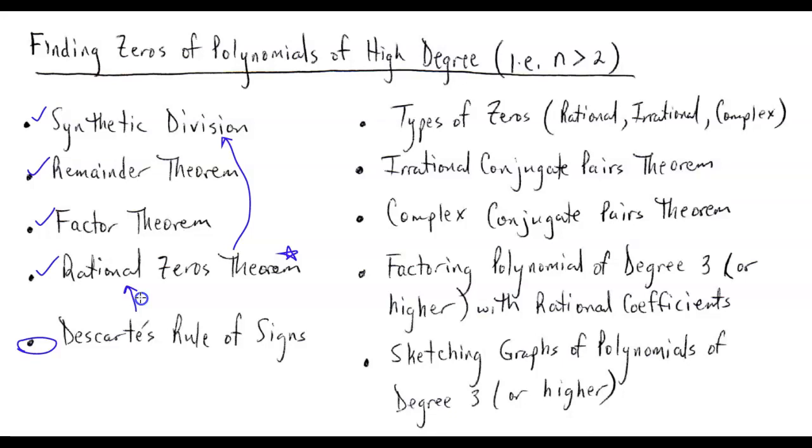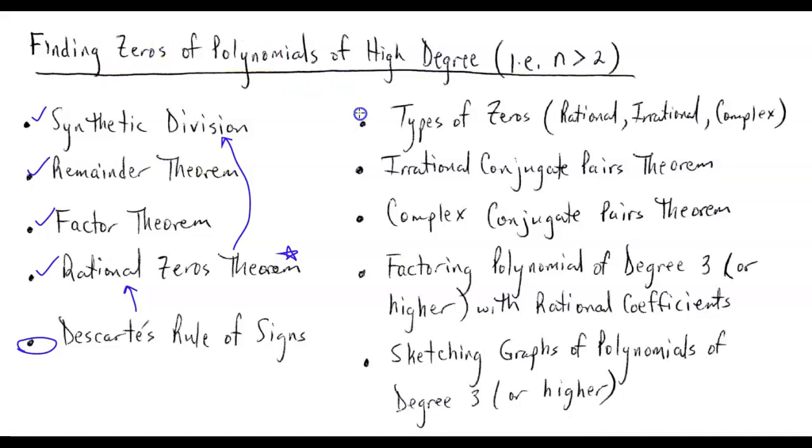If we know that, and we've tried a few out and we only have, let's say, 1 negative zero, then once we find that 1, we know that we don't have to search for any more. And so, of course, that helps us cut down on the amount of work that we have to do. But that is essentially what the Cardinal rule of signs is about.